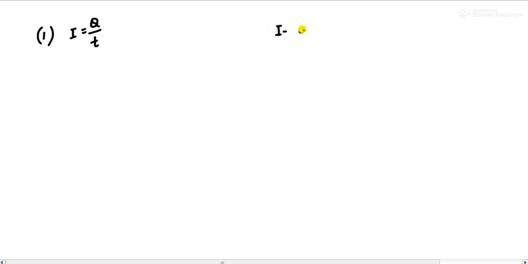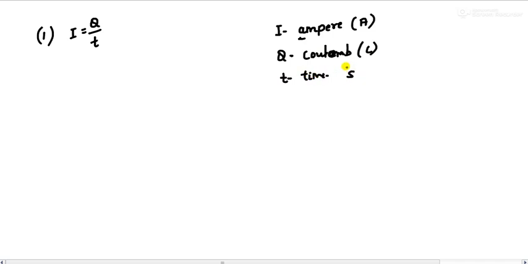Current unit is ampere, it starts with a small a and is denoted by A. Q is charge, its unit is coulomb, represented by capital C. Next, t is time, and time is always represented in seconds, small s. So this is current, charge, time.